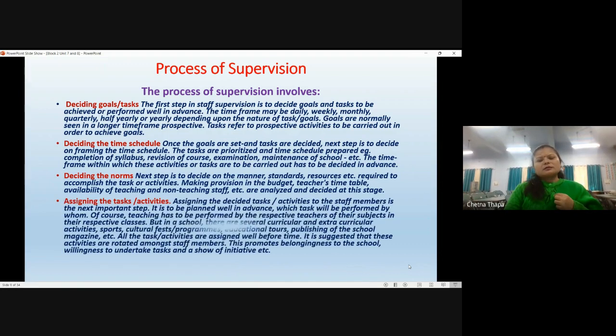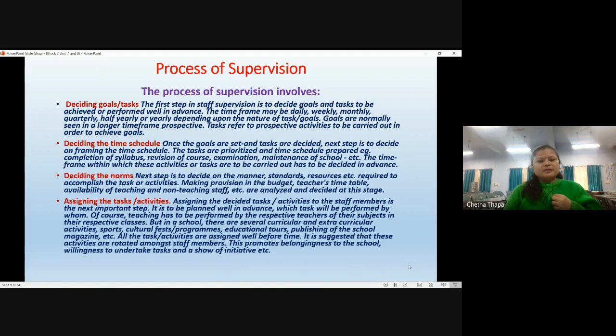Now, then the next thing is assigning the task and activities. After deciding the task and activity, the next important step is to assign the activities or the task. Everything has to be planned well in advance. Which task will be performed by whom, who will be given the responsibility of performing certain tasks.